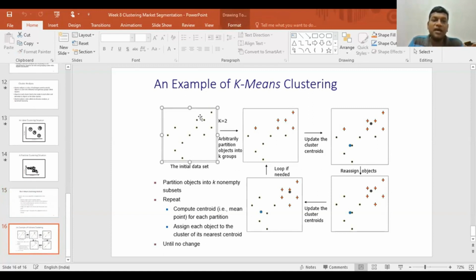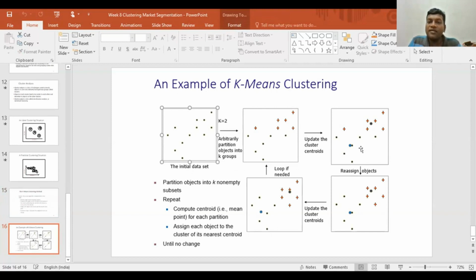And I want to divide this data into two clusters. So initially I randomly divide them into two clusters. I have the dots and I have the crosses. The ones below I have put as dots, the ones above as crosses.